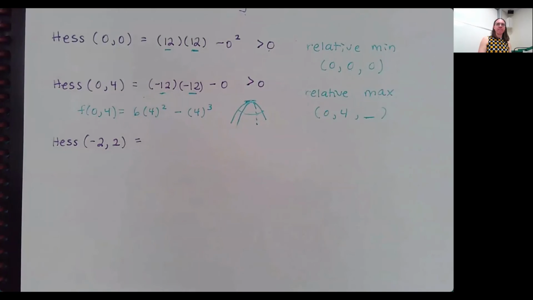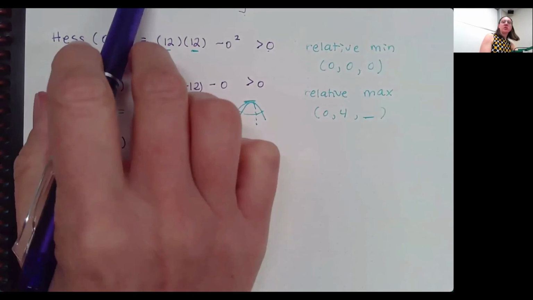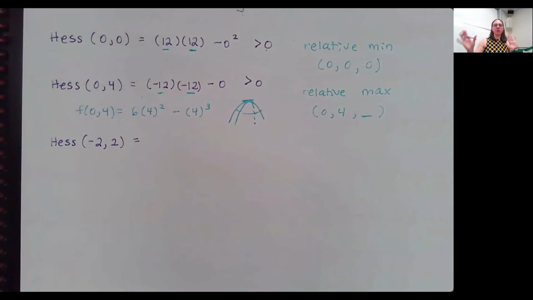So first we look at the overall Hessian, which is the determinant of this matrix. I can either use the matrix or the formula.